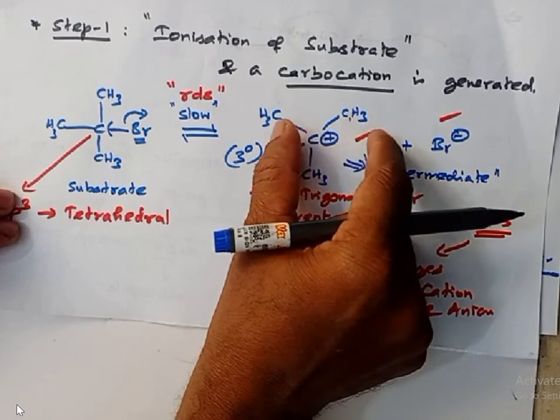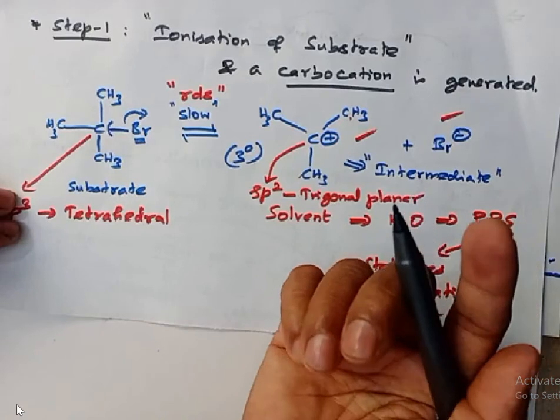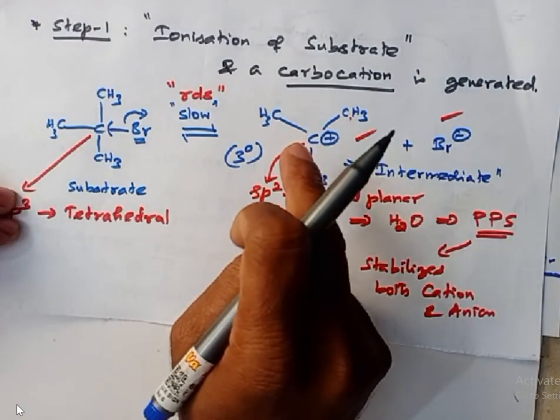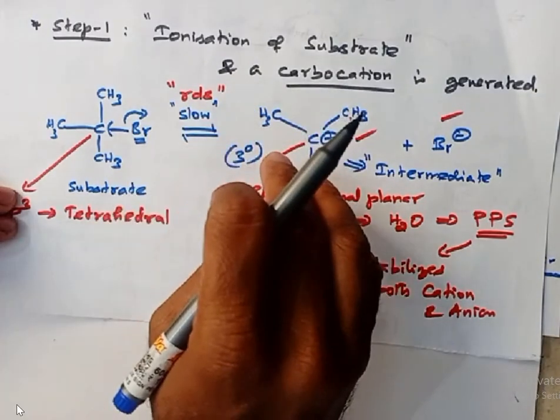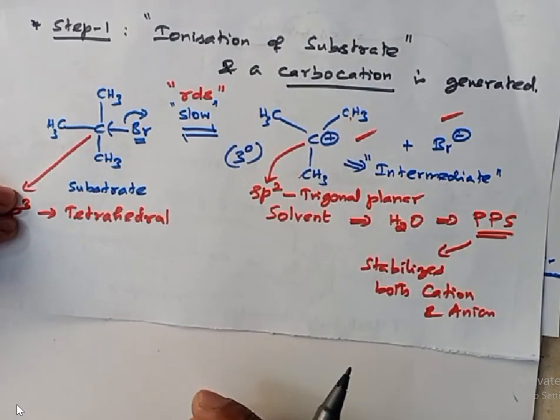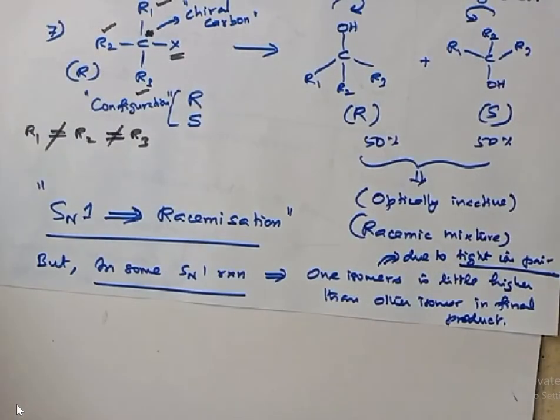Due to this tight ion pair, the OH minus nucleophile prefers to attack from one side compared to the other side. In the second step, OH minus should attack.